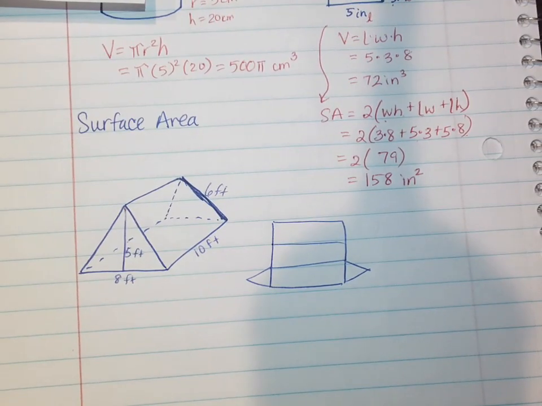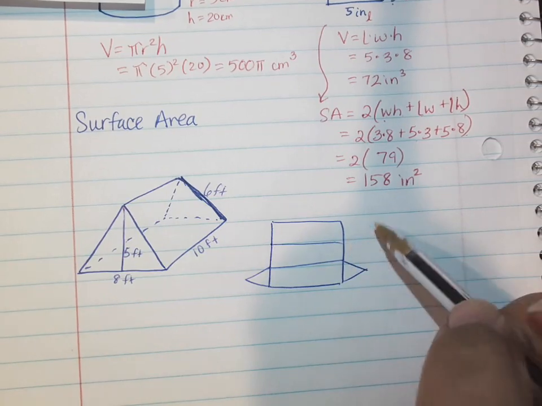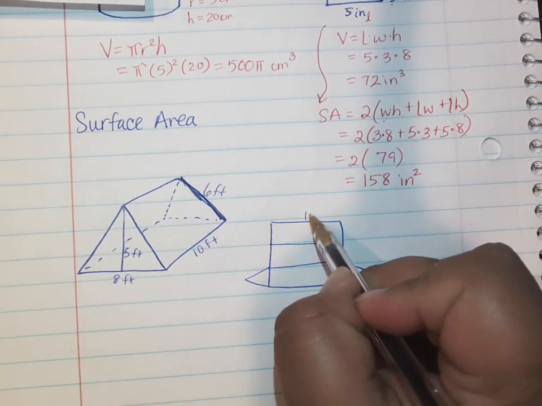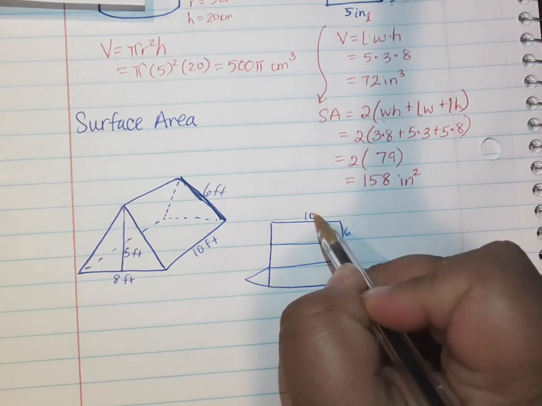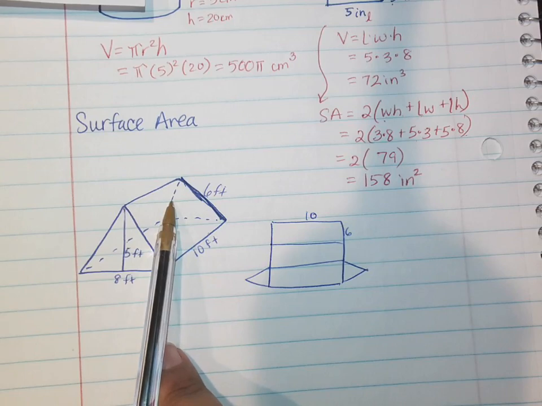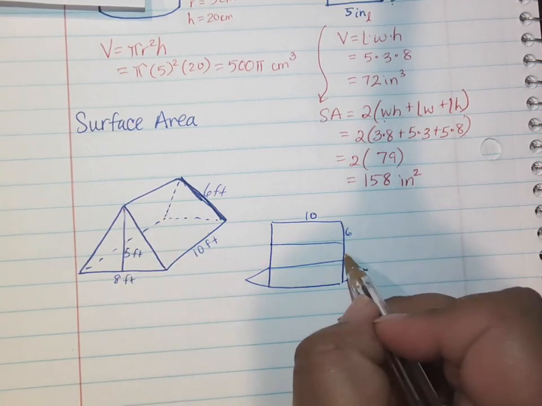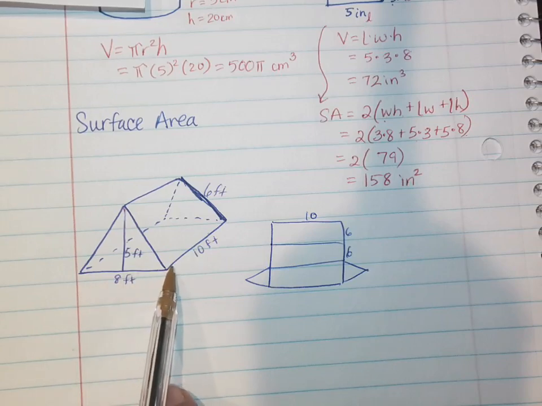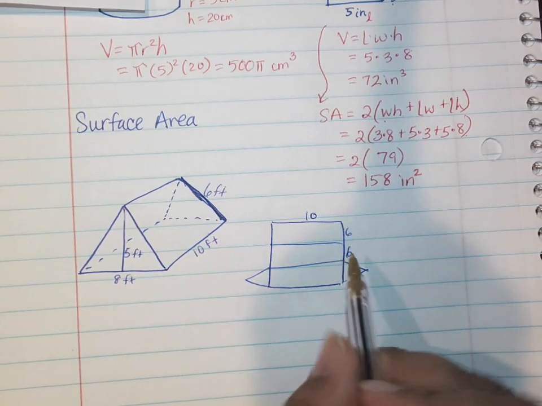So let's put the measurements in and actually find the area of each of those. This side is 10 and 6. This back side, that side is also 6, and the bottom is 10. And then here we have 8 and 10 for this one.